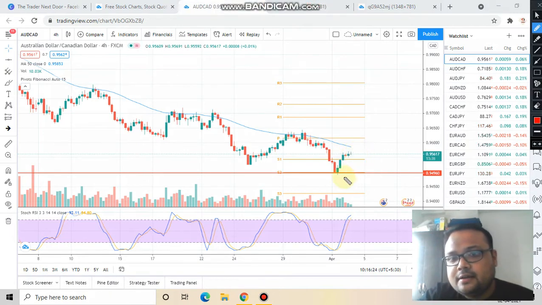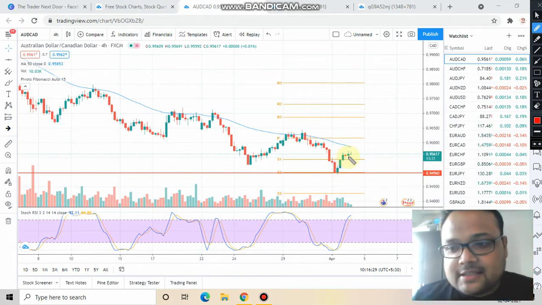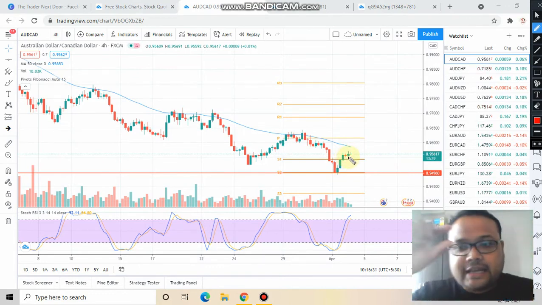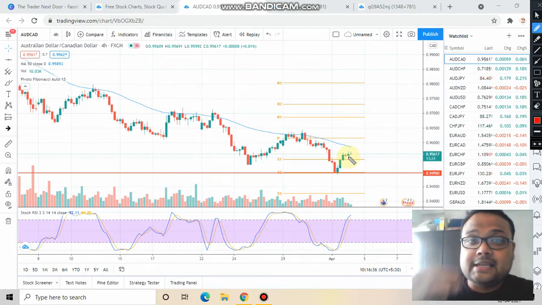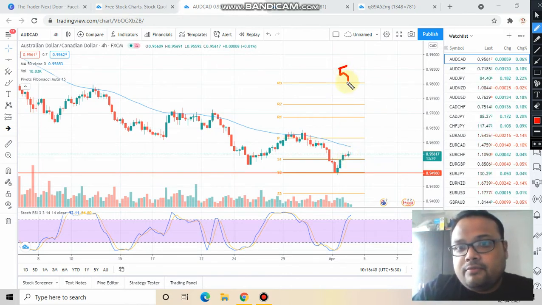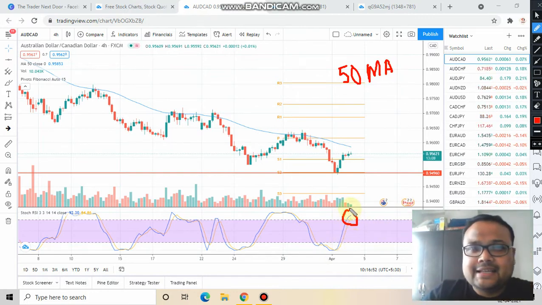As the market is going upward, the size of the candles is becoming smaller, which signifies that price is struggling near the 50 moving average, which means the 50 moving average is still a valid resistance. The market is also in the overbought zone, or has just entered it. Therefore, there is not much upside.